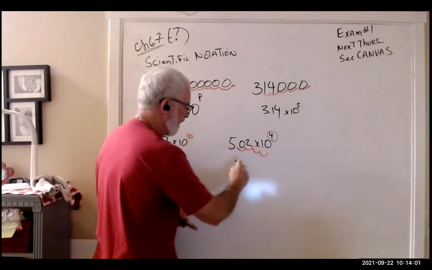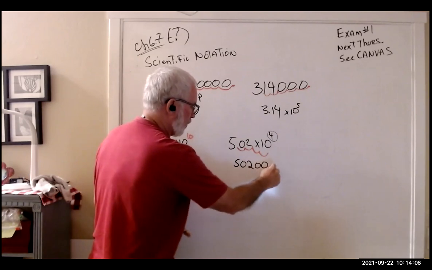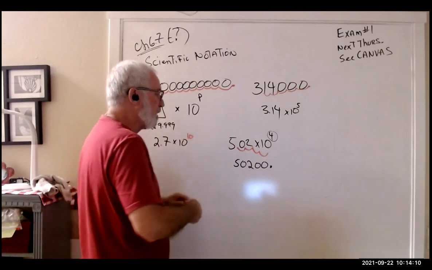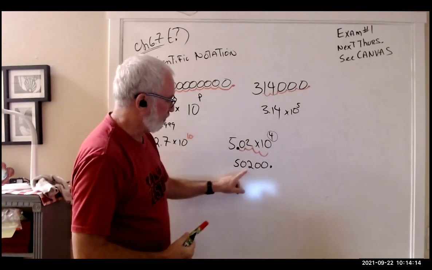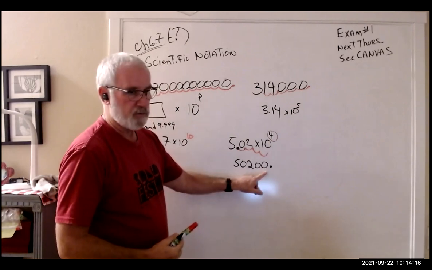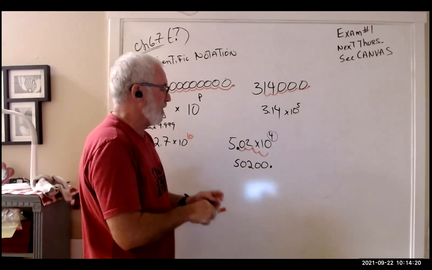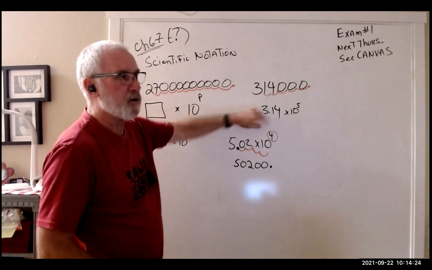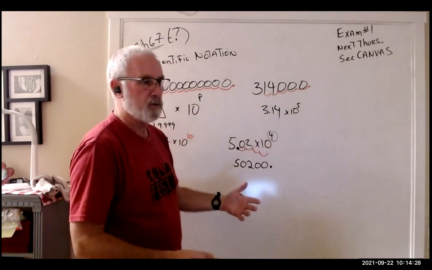So this is 50200 with an implied decimal point there. So 5.02 times 10 to the 4th becomes 50,200. And again, a positive power here means you move the decimal point to make the number bigger.